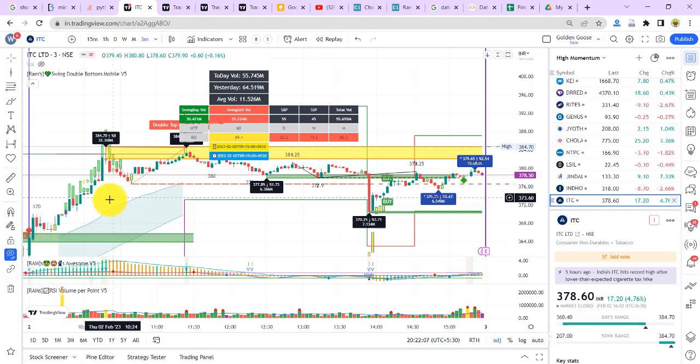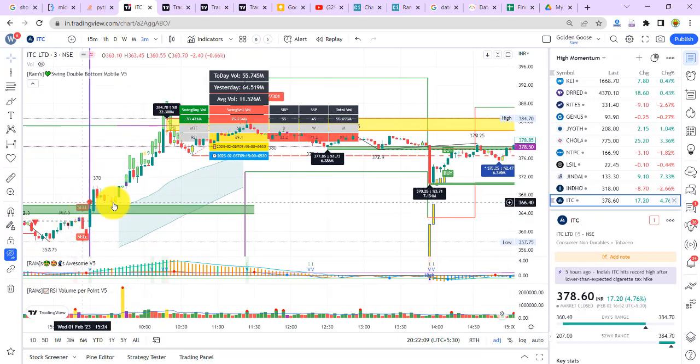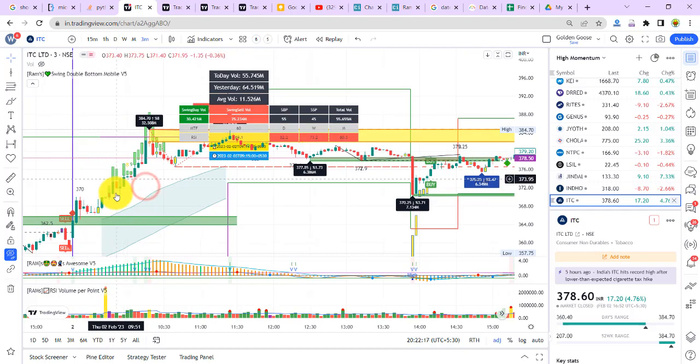So in such a case, the main thing is we must wait for the support to be retested. Here the retest has been done, then the price is moving up. So even here also we can see the grid zone, so that's why just stay.